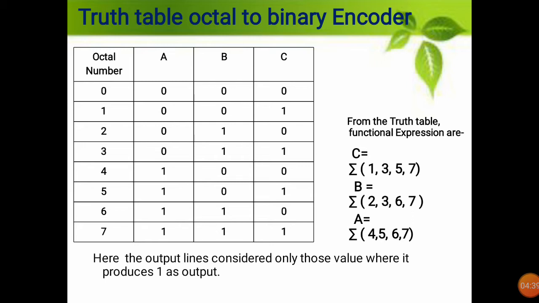From the truth table, the function expressions are: for C it is summation 1, 3, 5, 7; for B it is summation 2, 3, 6, 7; and for A it is 4, 5, 6, 7. Here the output lines consider only those values where they produce 1 as output.